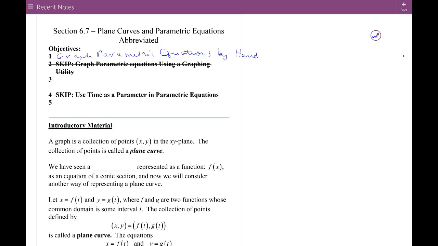The second one is to use a graphing utility. And we're not going to do that one, but we are going to find a rectangular equation, so that's with x and y, a rectangular equation for a curve defined parametrically.